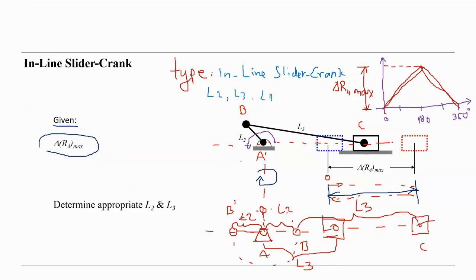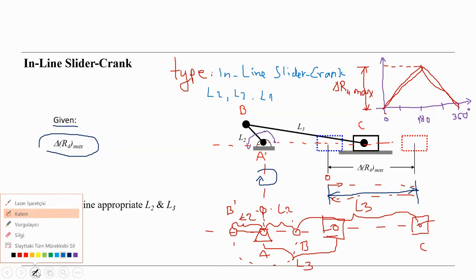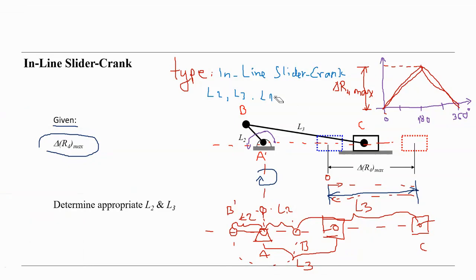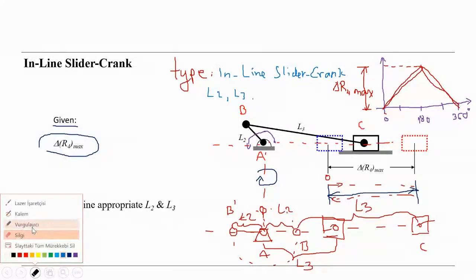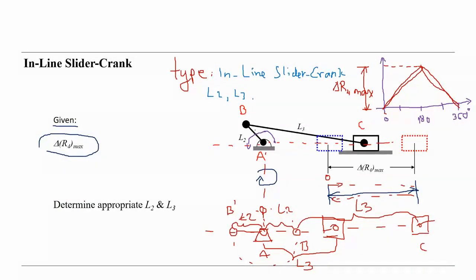L1 is not important here because it's not constant, it's changing. So let's take it away. And maybe we have to calculate also the transmission angle here.